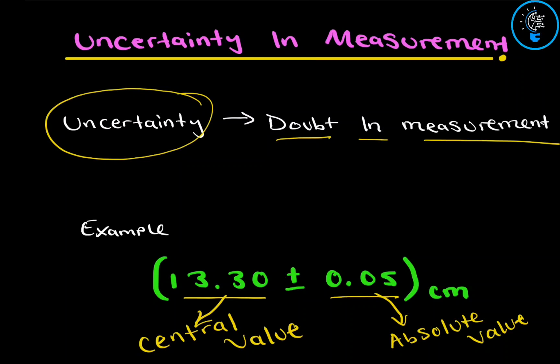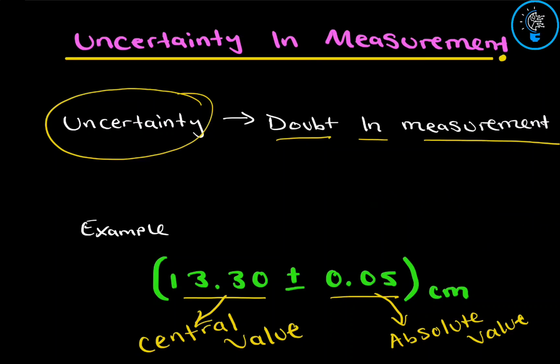But if it's written as a percentage, let's say 0.02%, this one we call percentage uncertainty. So these two are not one and the same. You will see as we progress in this video. So take note of that.